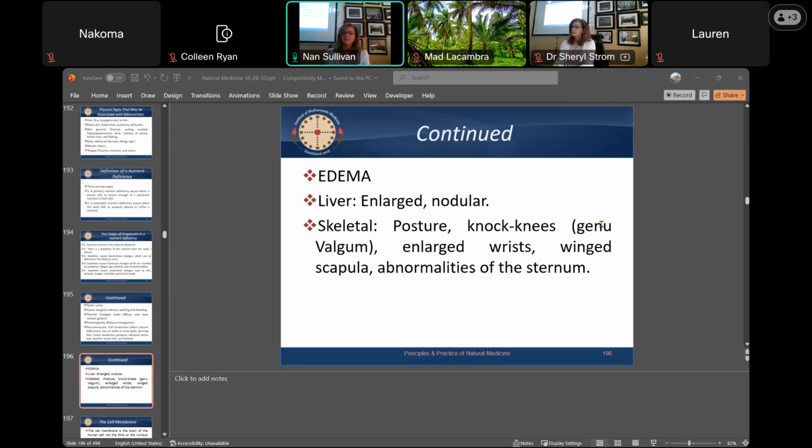Look at their knees. If their knees are knock-kneed, genu valgum, that is also a sign of insecurity. They don't have a whole lot of confidence. And it's also the way they sat when they were children.